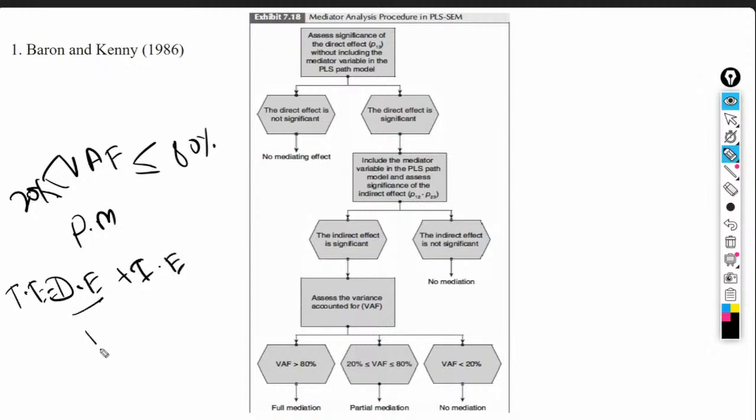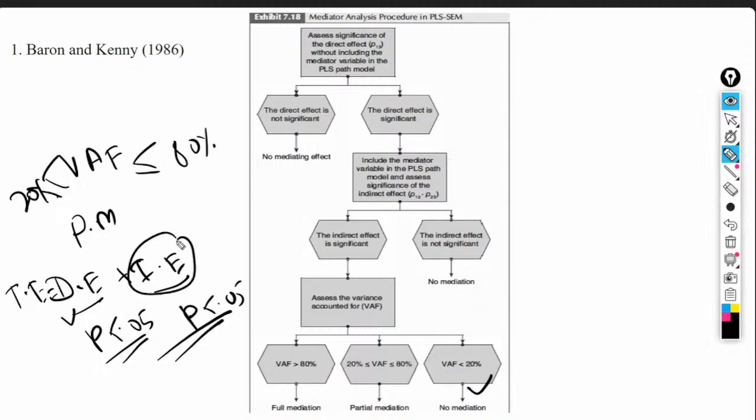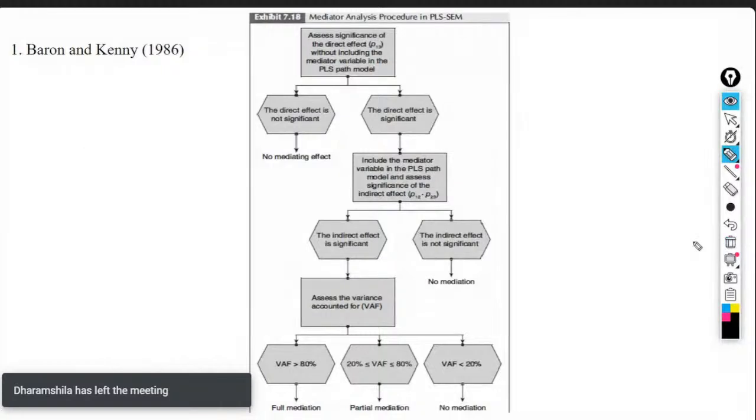So in a partial mediation, there is still a significant relationship in both the direct effect and the indirect effect. And when the VAF value is less than 20%, it means the indirect effect is not significant and the p value would be greater than 0.05.